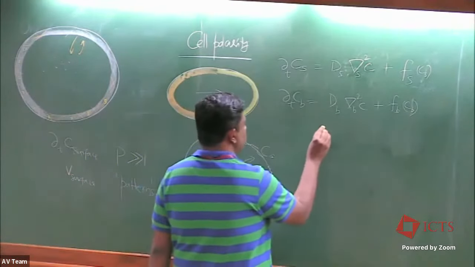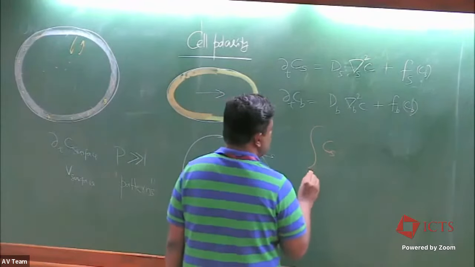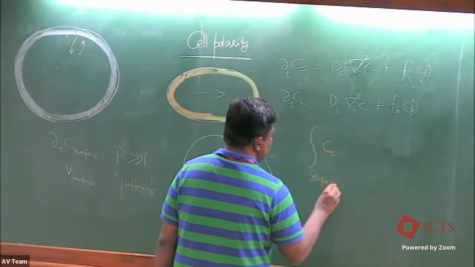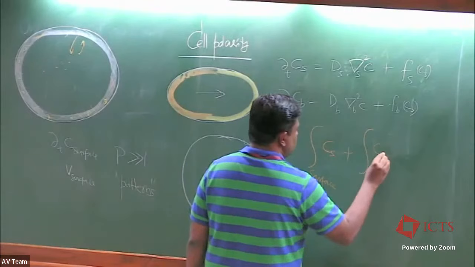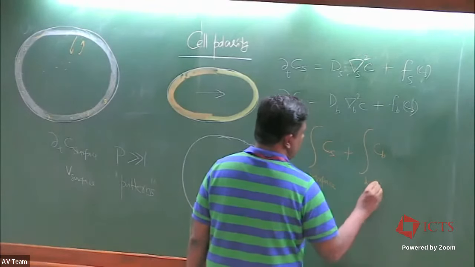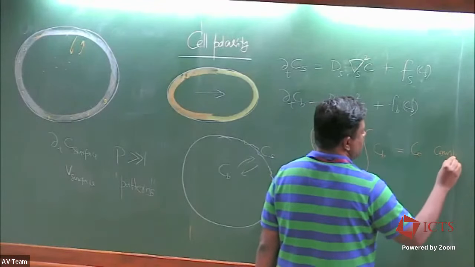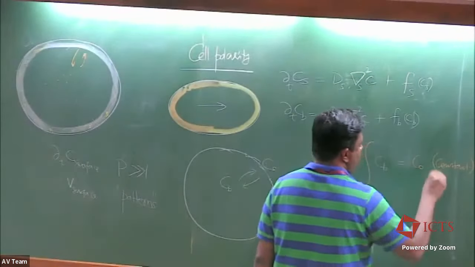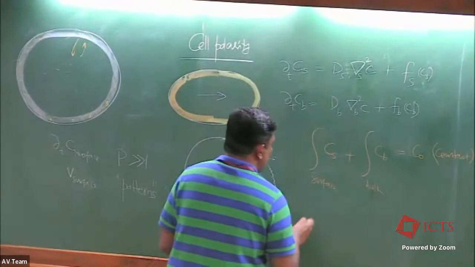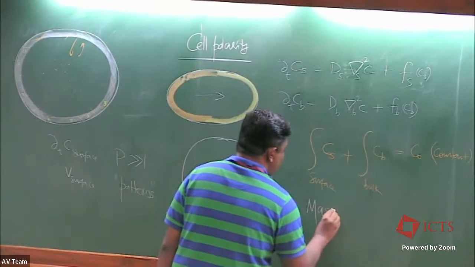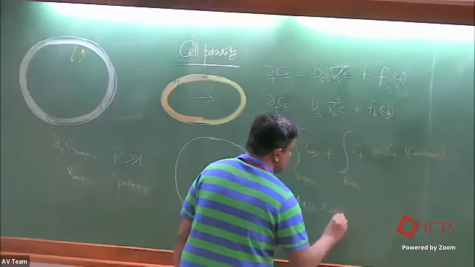Which means the integral of CS over the surface plus the integral of CB over the bulk of the domain should be a constant. So these are what are called mass conserving systems.